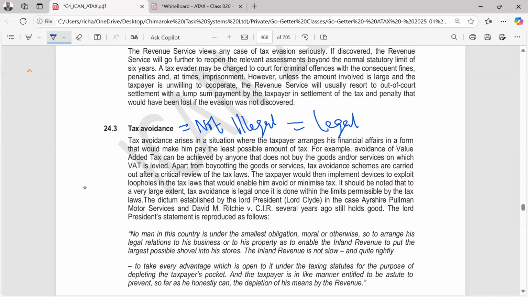Tax avoidance is when a taxpayer arranges his affairs in such a way that he will avoid paying certain taxes, or he will pay the least amount of tax possible, but in a legal way. For example, if you want to avoid VAT, you avoid buying vatable products.